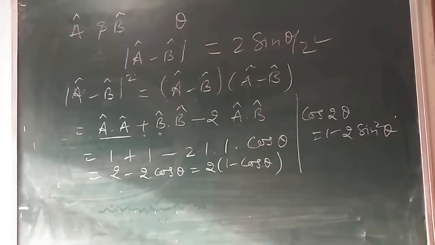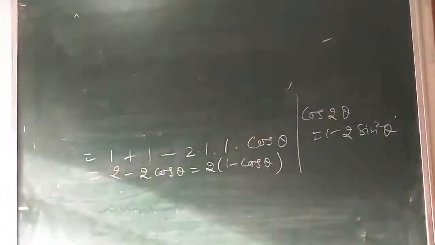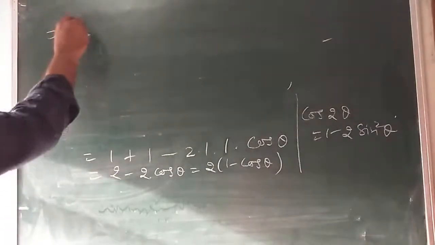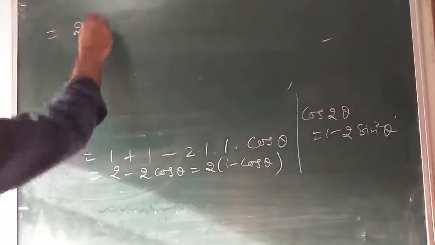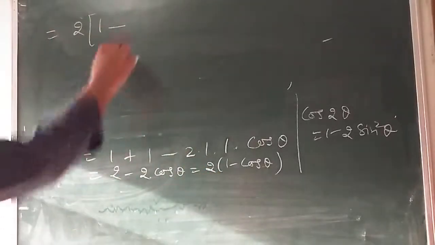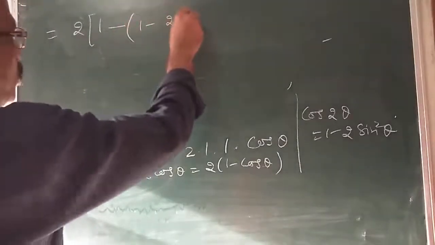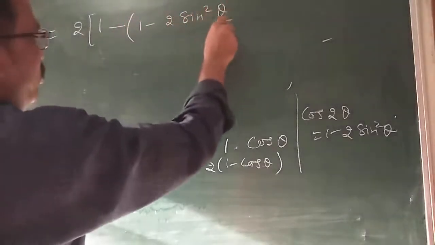So here I can write with the help of this formula cos theta. 2 into 1 minus, put here cos theta. Cos theta you can write 1 minus 2 sin square theta by 2.